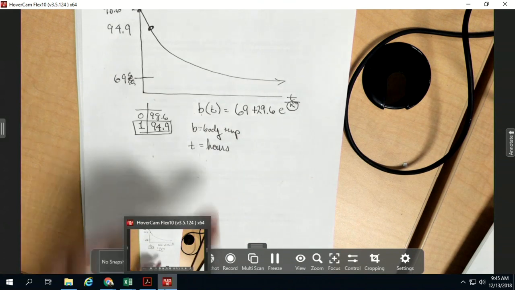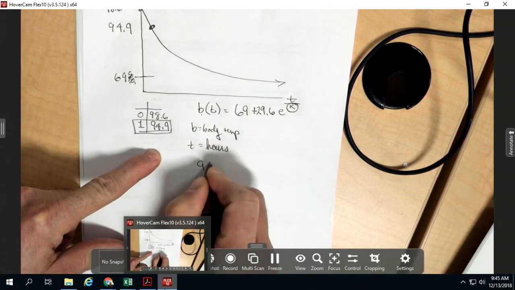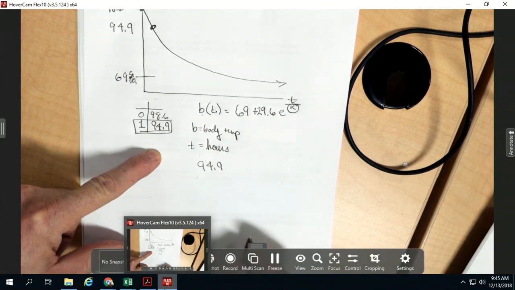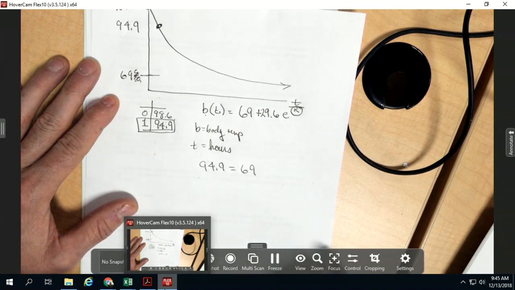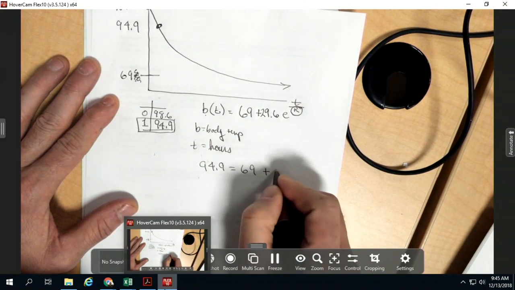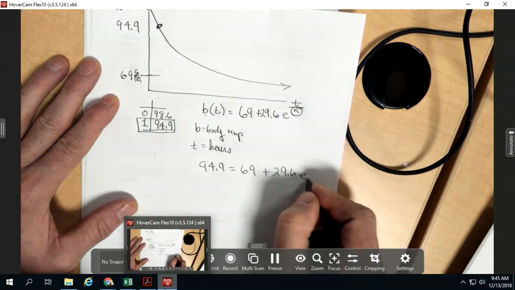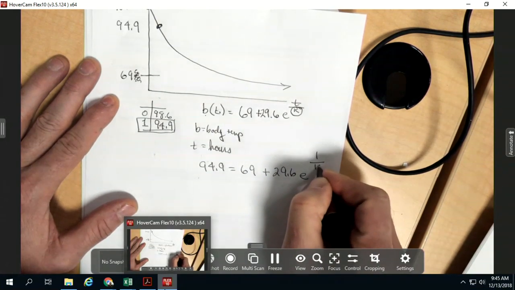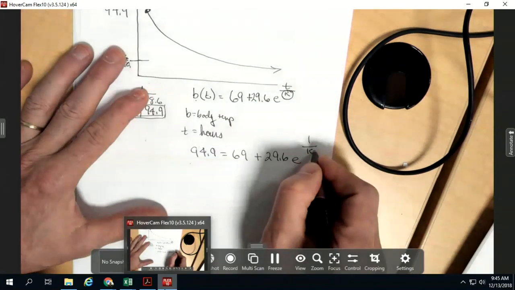We know that the body temperature 1 hour later is 94.9. That is 69 plus 29.6 e to the 1 over k. How do we get the k all alone?